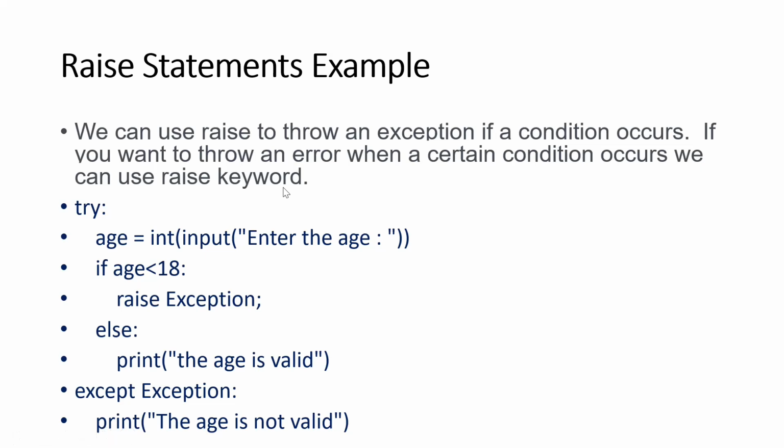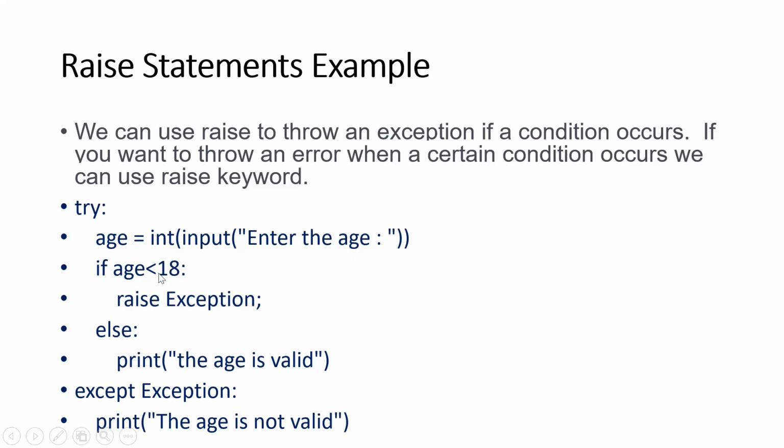Next, the raise statement. Raise is used where an error should be raised. We can use raise to throw an exception if a condition occurs. If you want to throw an error when a certain condition occurs, we can use the raise keyword. Here we have an example: in the try block, the input asks you to enter the age.